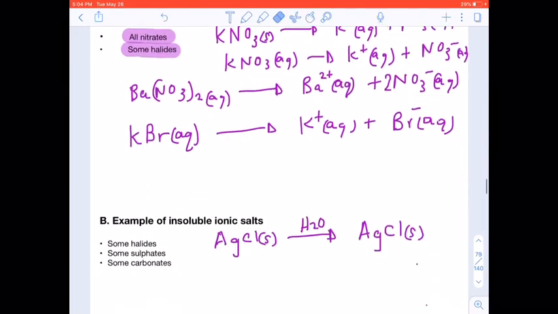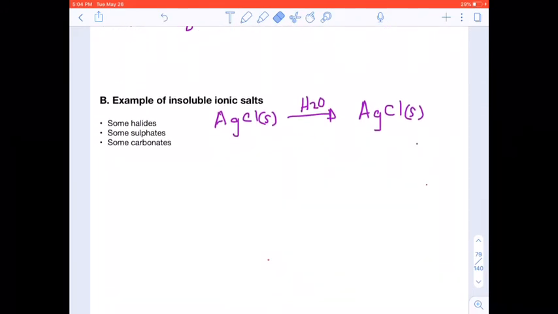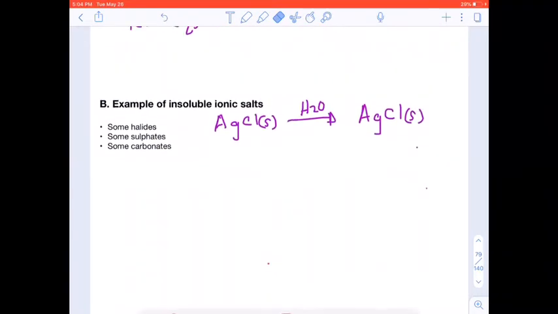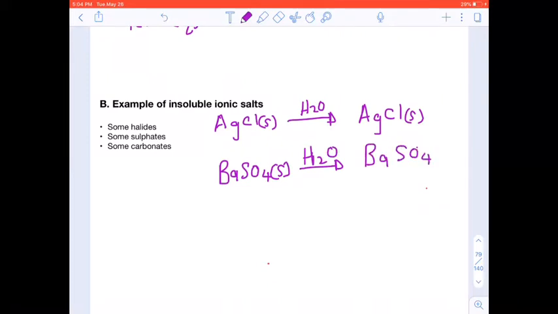So in terms of our sulfates, we say barium sulfate. So we got barium sulfate. Barium sulfate is insoluble. If I say H2O, here we find that it doesn't dissolve, so these are insoluble.